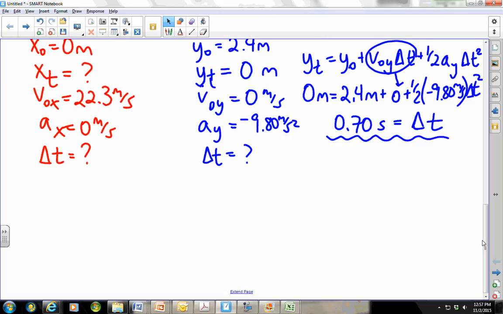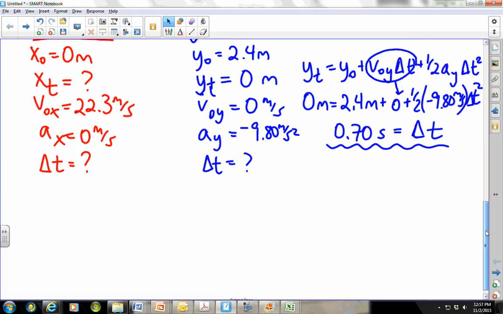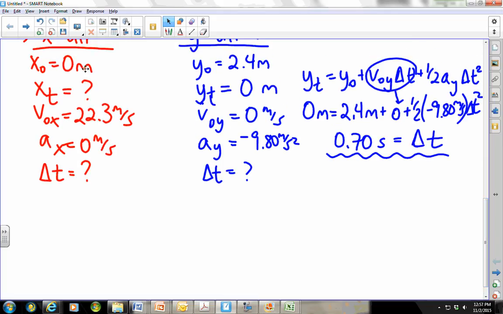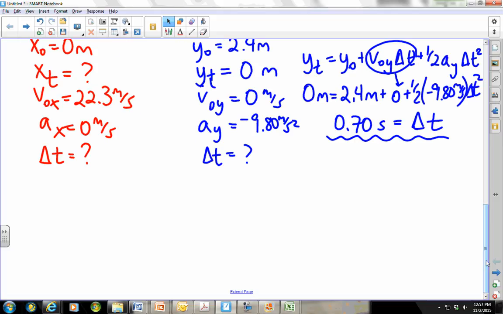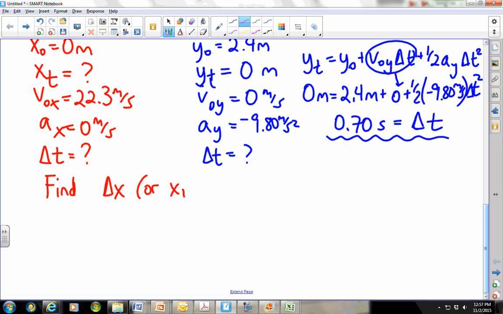And then once we know that, we're finding displacement in the x direction, and we know velocity in the x direction, and we know time. So find xt in that amount of time.